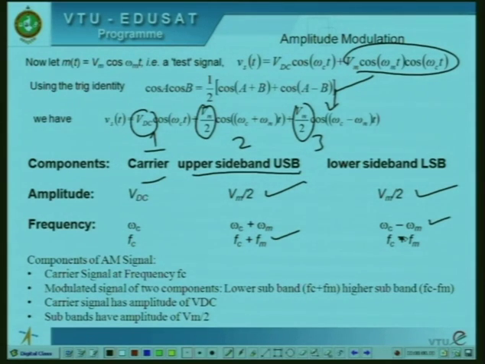After modulating the incoming signal with a carrier, we come across three components: the carrier, the upper sideband and the lower sideband. These are the three important components after modulation, right? Okay, good.